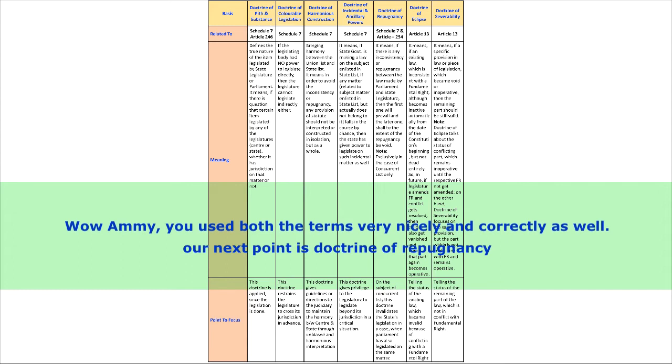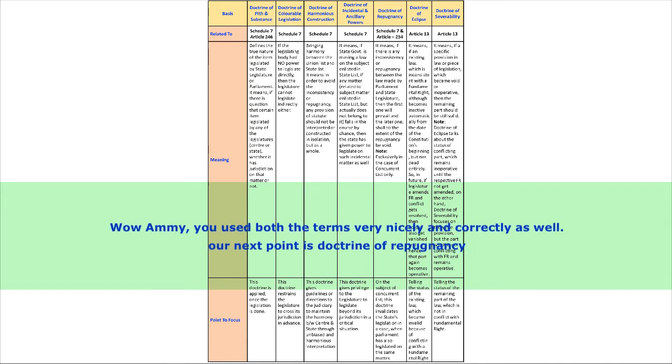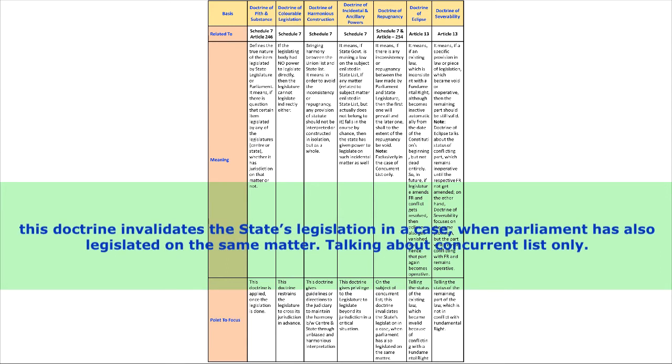Our next point is the doctrine of repugnancy. This doctrine invalidates the state's legislation in a case when Parliament has also legislated on the same matter, talking about the concurrent list only.